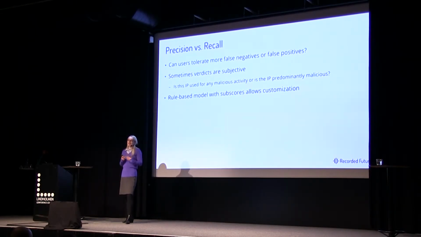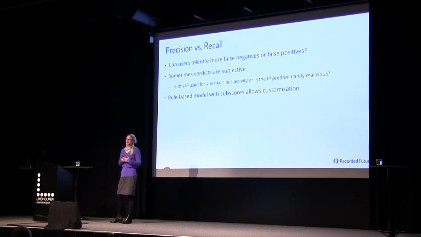One issue with any model is figuring out the balance between false positives and false negatives. This is especially difficult if you don't have a gold standard because there's no way to quickly get a measure of your false positive rate. It's even more difficult if the actual verdict is in some ways subjective.